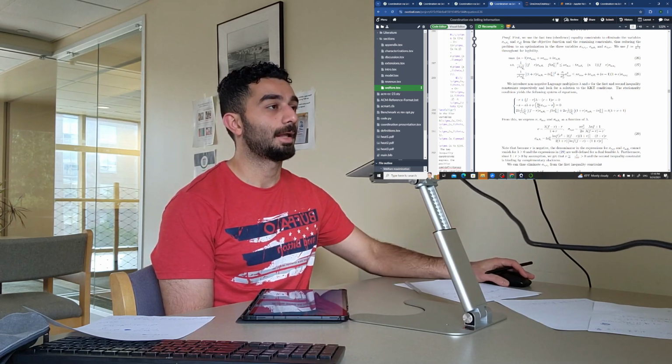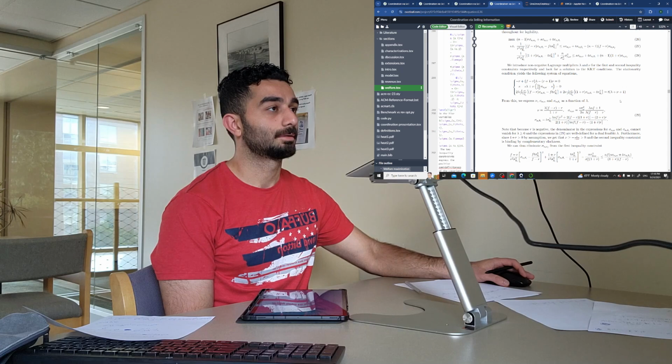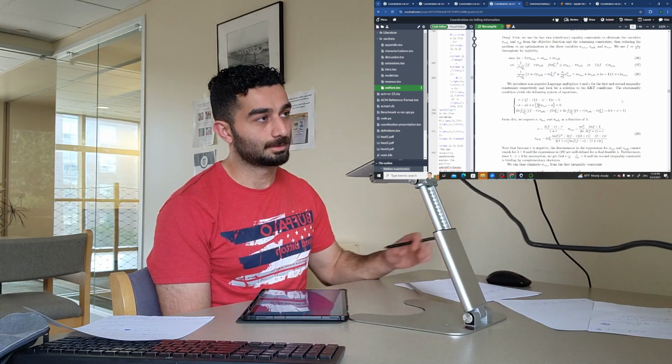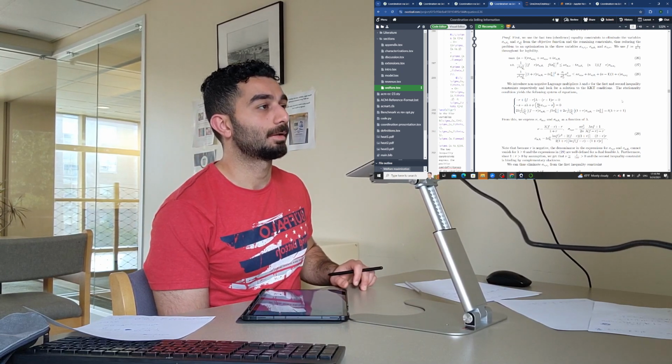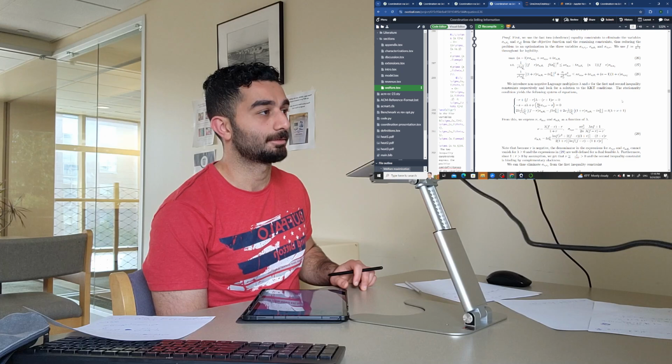Exactly, lambda for the first and second inequality. Alright, so let's make it more similar to what we have based on f and stuff here.